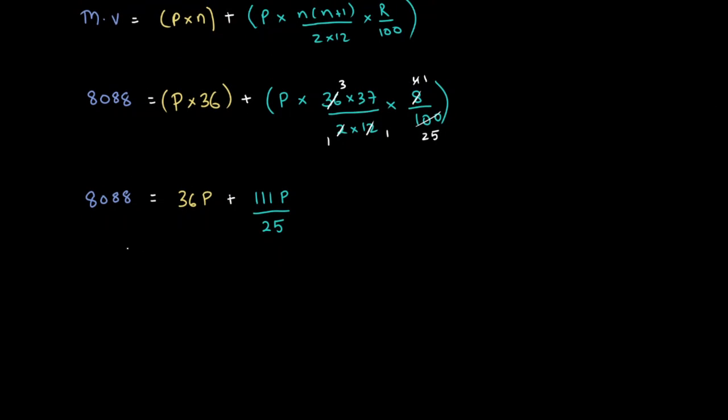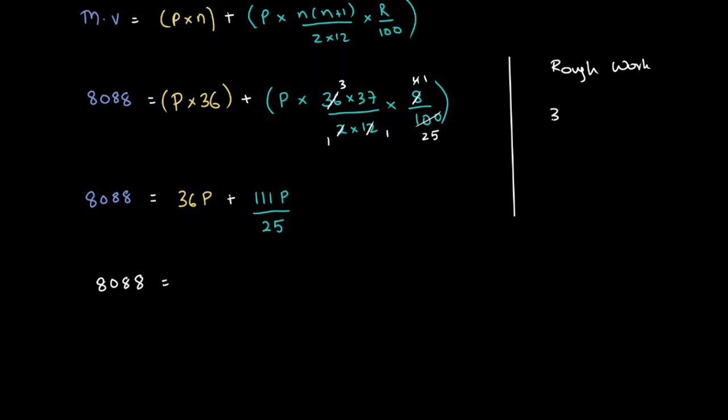Let's simplify. If I solve this equation, I should be able to find the value of P. And for that, we will need to do some solving. So I have 8088 over here. 8088 is equal to, here I'll need to take the LCM of these two values. So 36 into 25. Let's do our rough work here. Rough work.